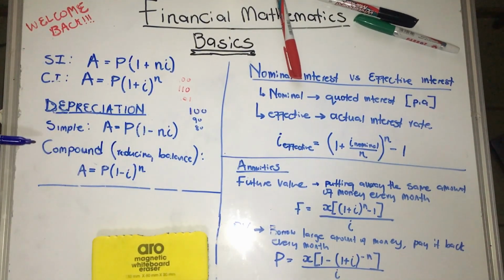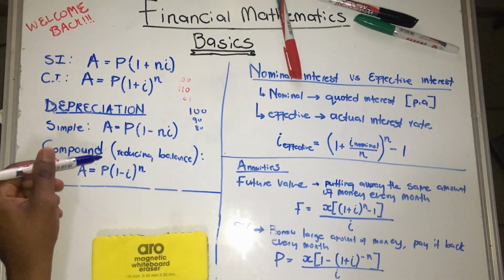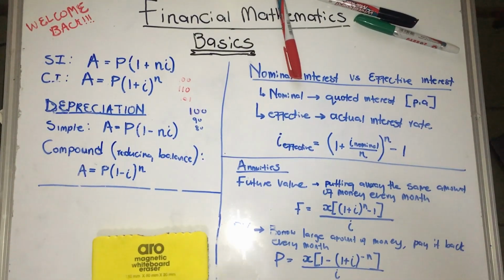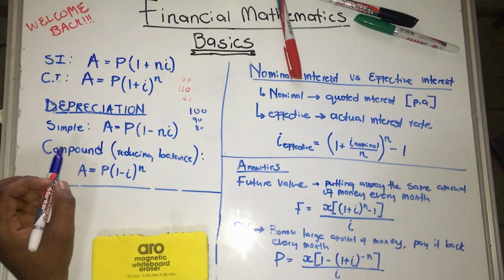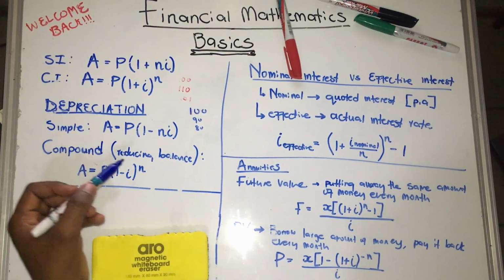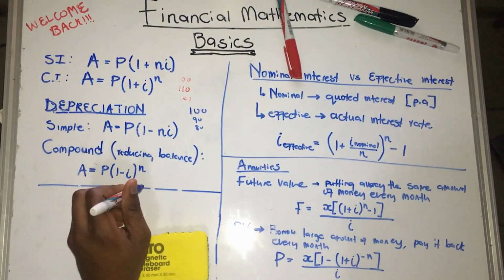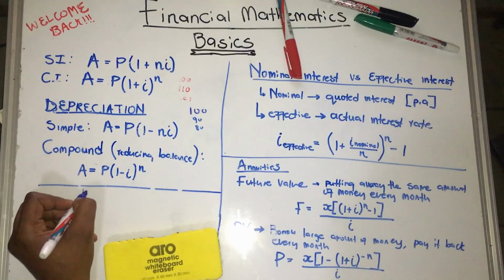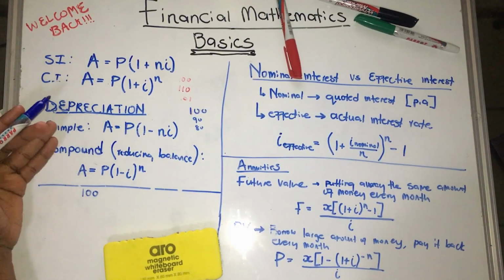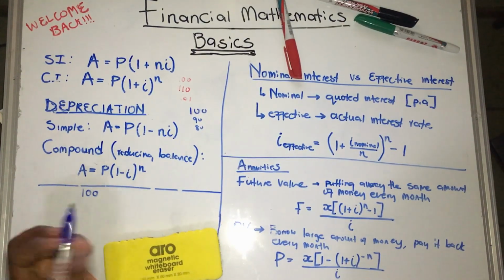Again, we can have an equipment losing its value in what we call a reducing balance. So this is the same as compound interest. So what happens is that you have your equipment, which could be a car again, could be anything that loses value. So that thing is losing value in a manner which, let's just say you bought it for 100 rands, and then at the end of year 1, if the interest is compounded yearly, it loses 10%.